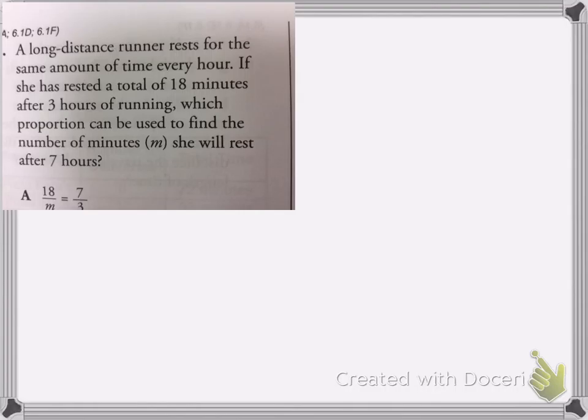Alright, so we've got minutes and we've got hours. We're going to pull this information out. Since we're working with proportions and ratios, we know that in a proportion, you set it up and you label. Our labels are minutes and hours.